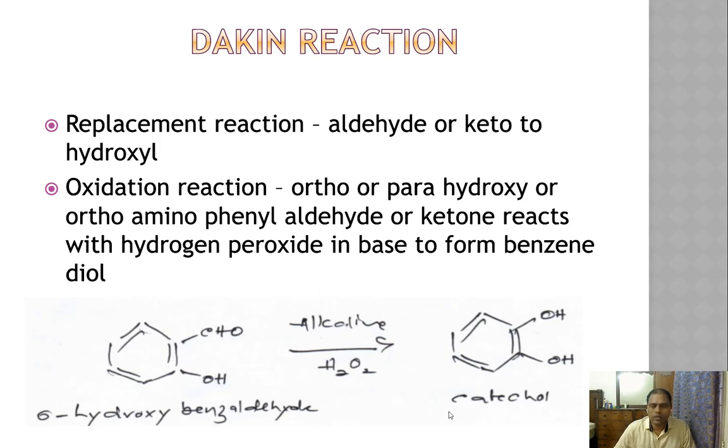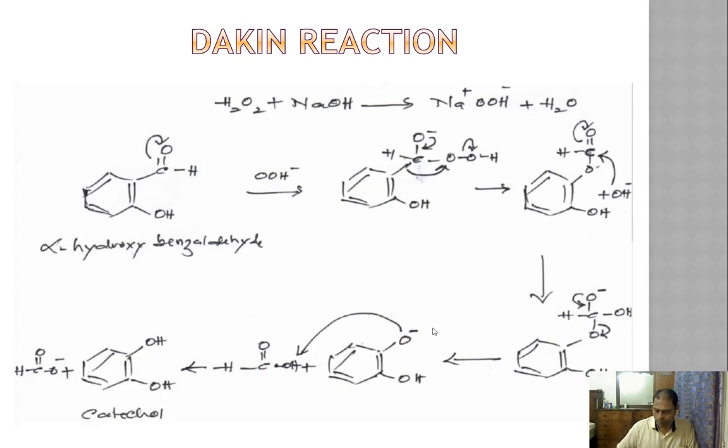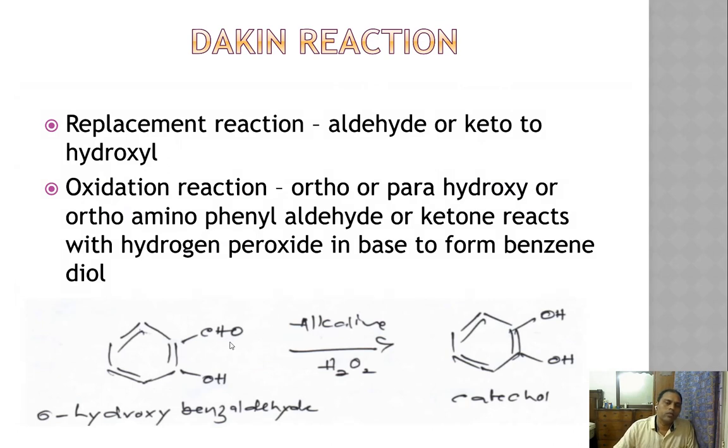It's a replacement reaction. What is replacement reaction? It is nothing but the replacement of one group. As you can see here, replacement of one group, here it is aldehydic group, to another group, alcoholic group, or hydroxyl group, or the phenolic group.